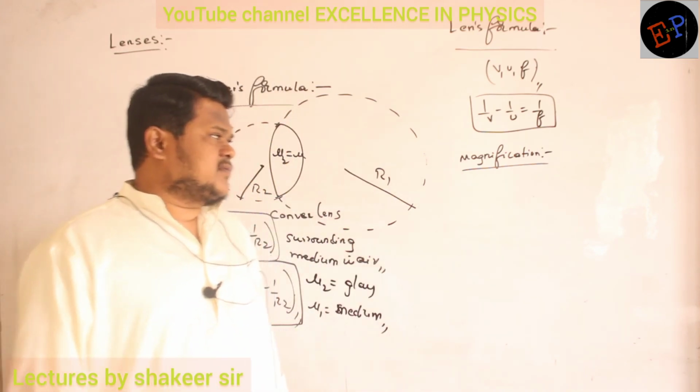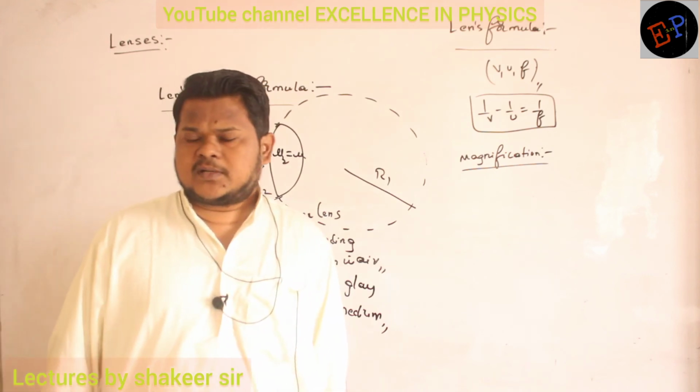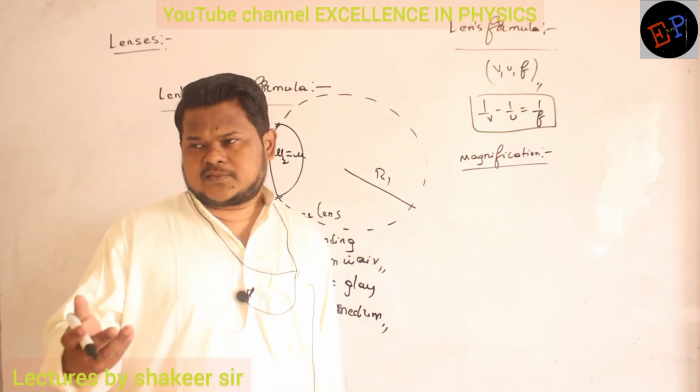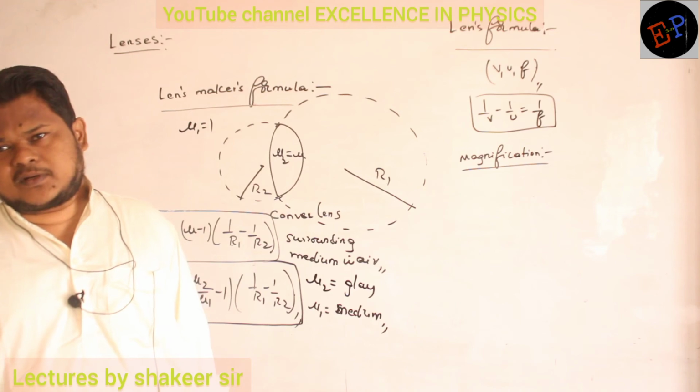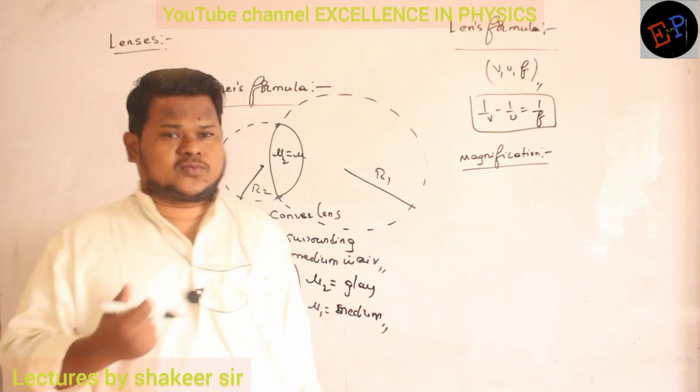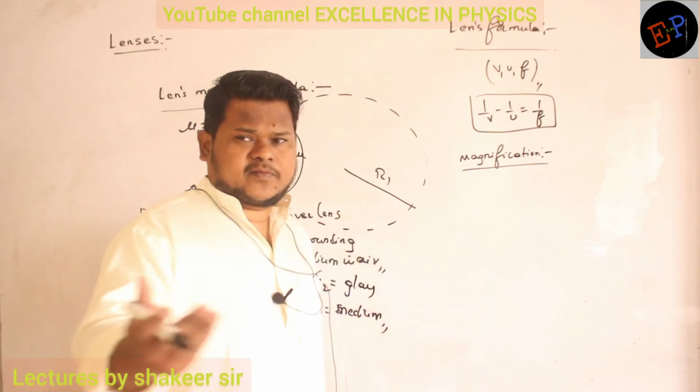In mirrors, what is the formula we used for magnification? In mirrors we used magnification is equal to H2 divided by H1, or minus V divided by U. Here that minus we will remove.